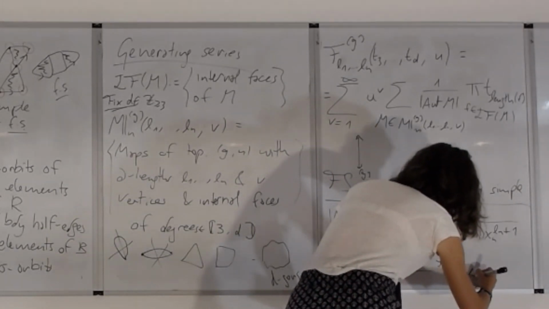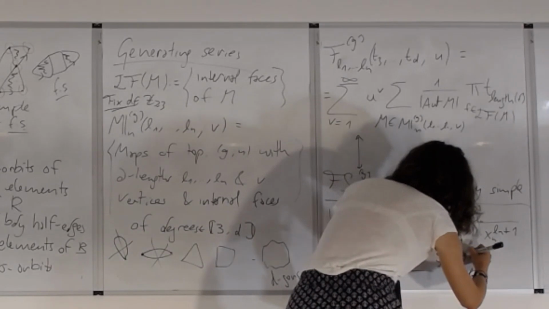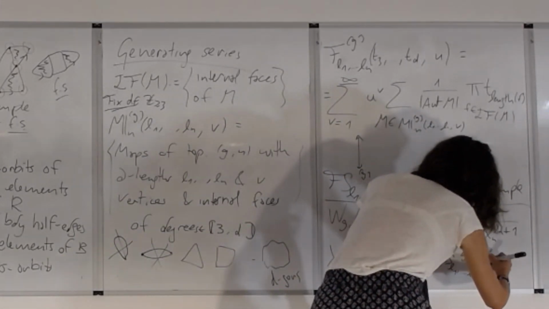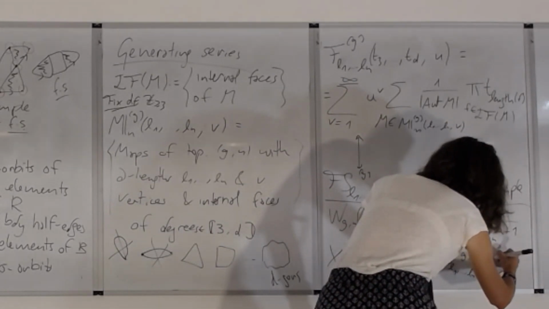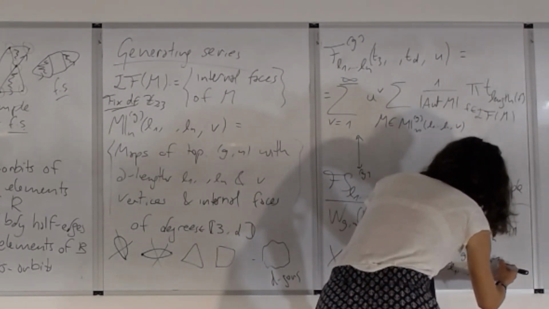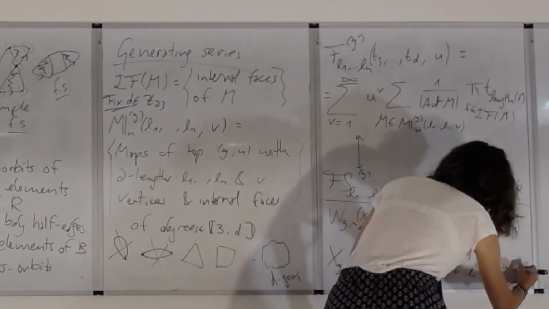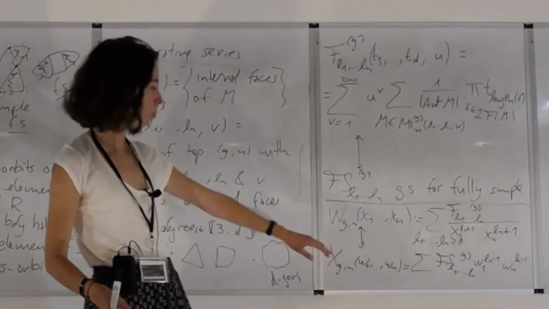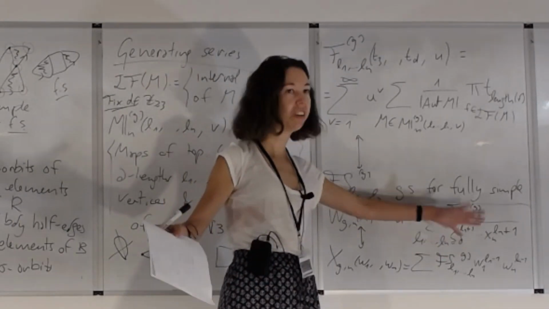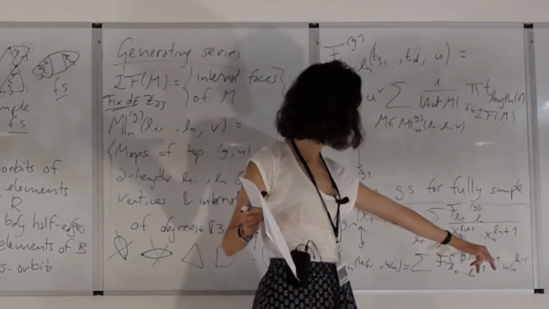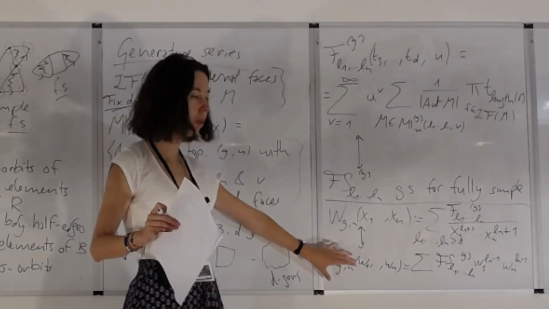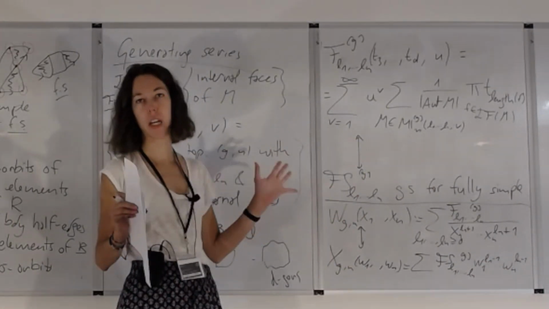But now we change the type of generating series and we put our variables that keep track of the lengths in the numerator. And we also do L_1 minus 1, up to L_n minus 1. So this may sound a bit mysterious: why are you putting this in the denominator with a plus 1 and here in the numerator? This is just because I will relate these two problems and the formulas will look nicer.